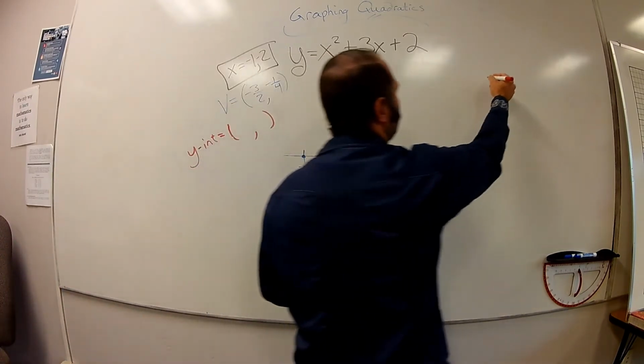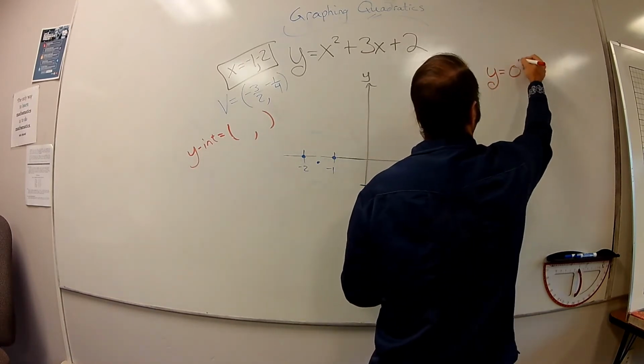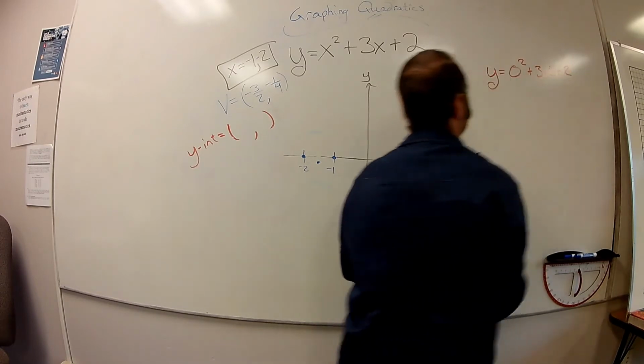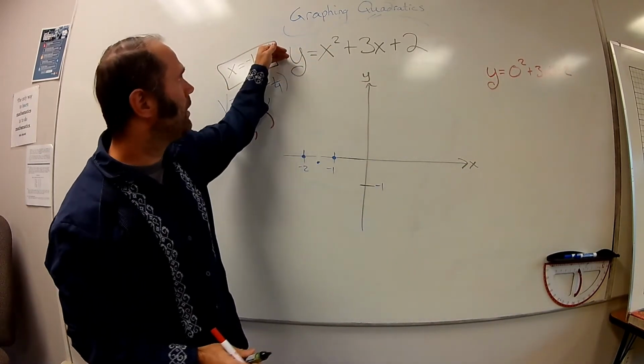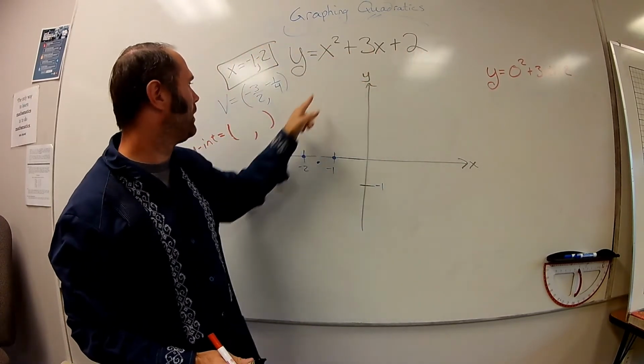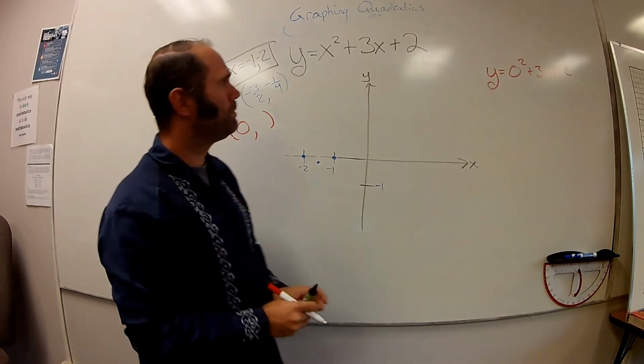So this is another piece of side work. Y equals 0 squared plus 3 times 0 plus 2. I just wrote this equation down here, except for everywhere I saw x, I replaced it with 0. Okay?